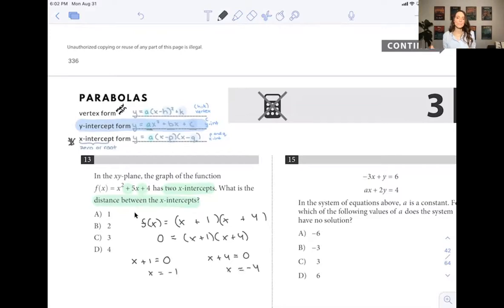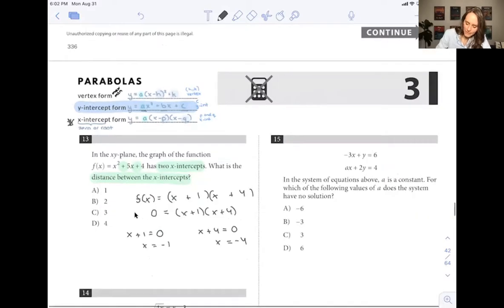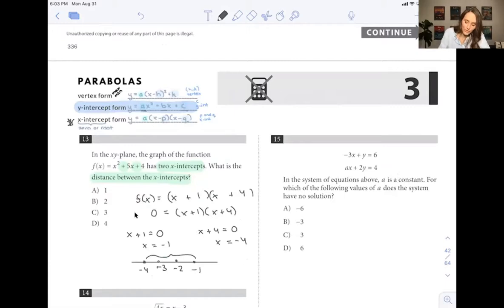And my distance between the x-intercepts, I can either draw a number line and say, okay, here I have -4, -3, -2, and -1. And my distance between those would be 3. Or I can use absolute value and say -4 minus -1 equals 3, or -1 minus -4 equals 3.